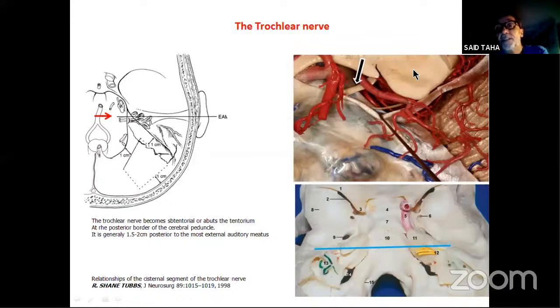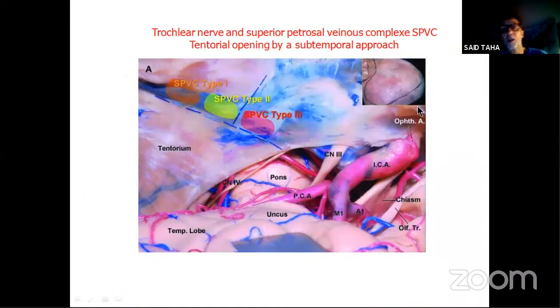When we have tumor here and the anatomy is destroyed, we can go more posteriorly to reach the posterior parts of the cerebral peduncle to identify the trochlear nerve.